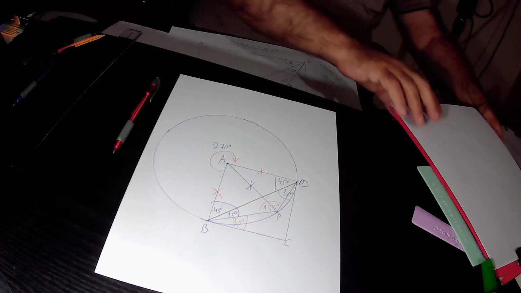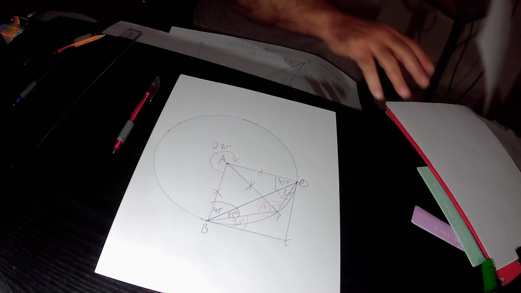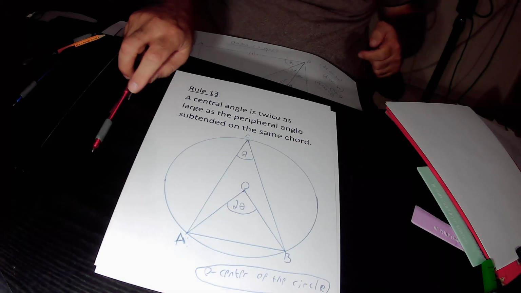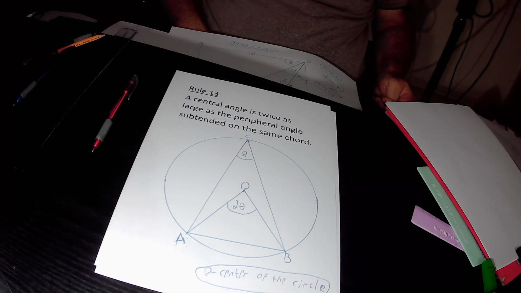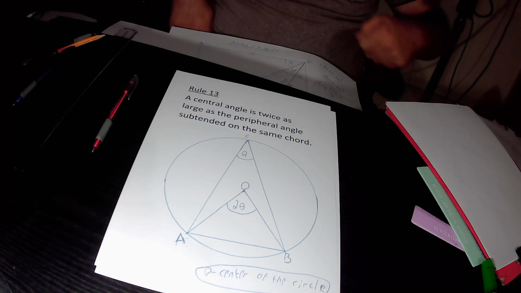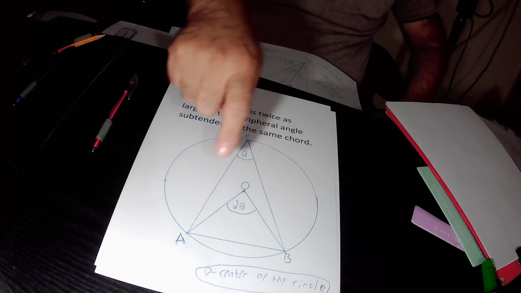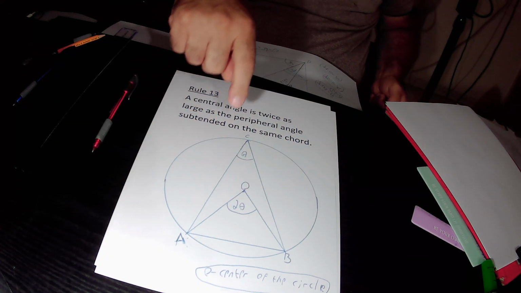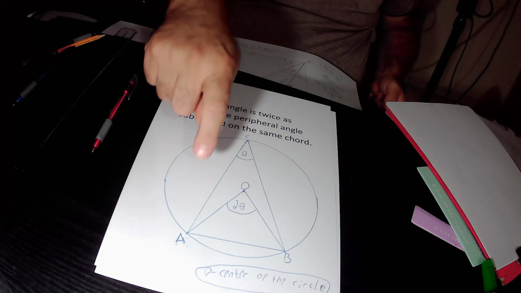Here we can implement rule 13. According to rule 13, the central angle is twice as large as the peripheral angle subtended on the same chord. In the following circle, this is peripheral angle ACB that subtends chord AB.